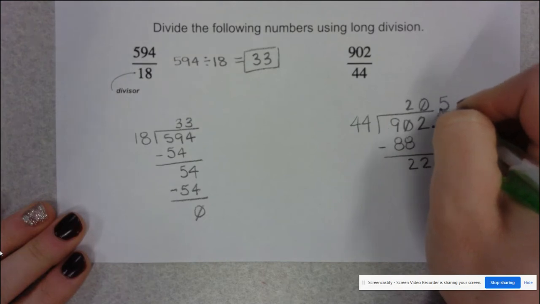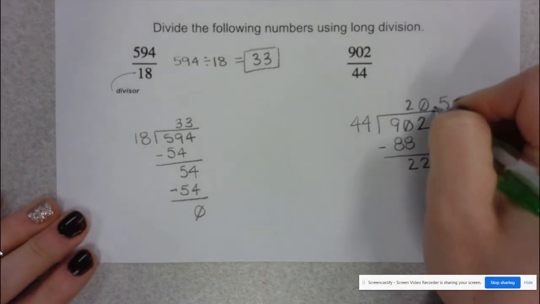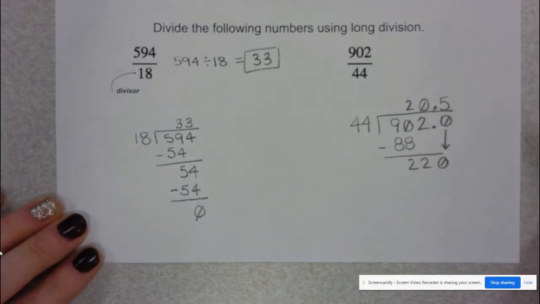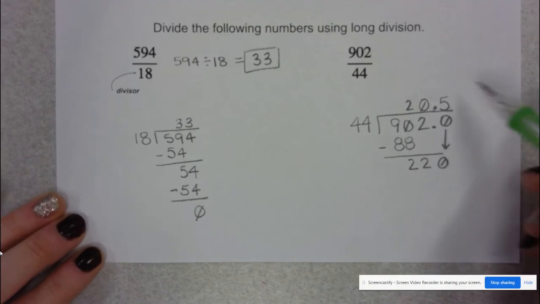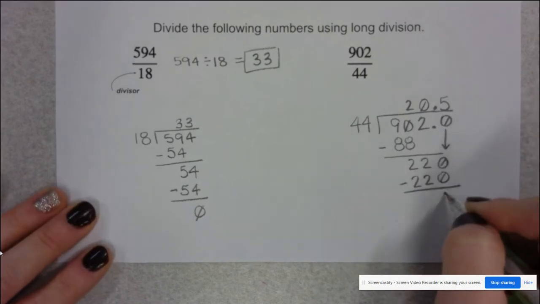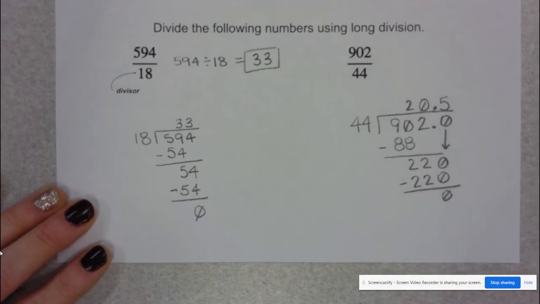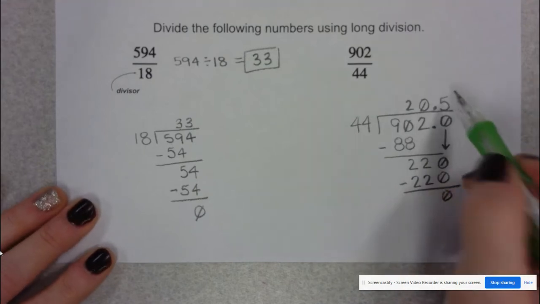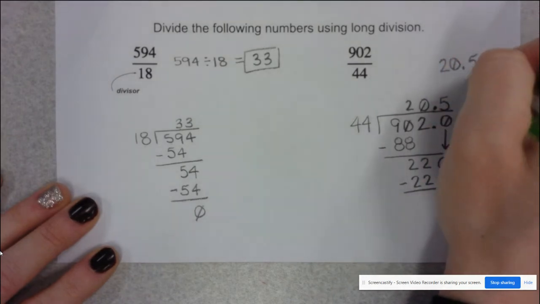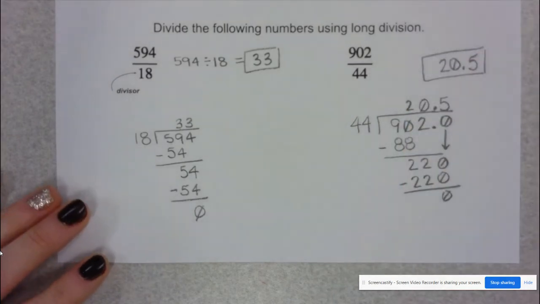So that's going to be a 5 there. Remember, I have to put the decimal point there because I am now going into the decimals. So this is the tenths place. So that would be 220. I'm going to subtract. So you could write this as 20.5 or 20 1/2.